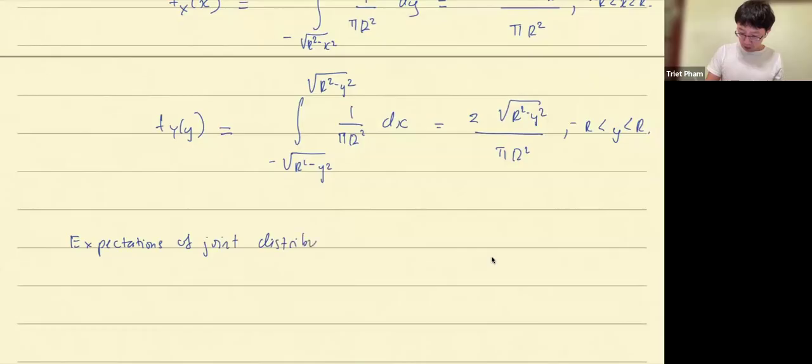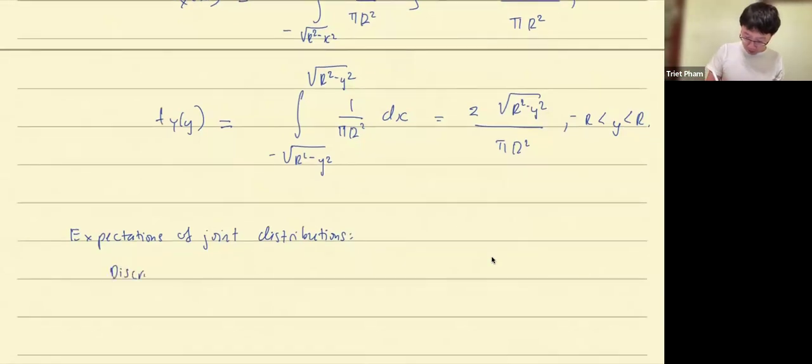I will talk about the discrete and continuous case, and I will talk about a function of a joint distribution. So what I mean is this. Let me write down the n-dimensional case and I'll write down the two-dimensional case.